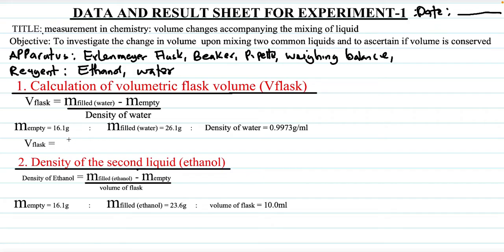We have 26.1 minus 16.1, divided by 0.9973. This is going to give us 10.02, which is approximately equal to 10 mL.